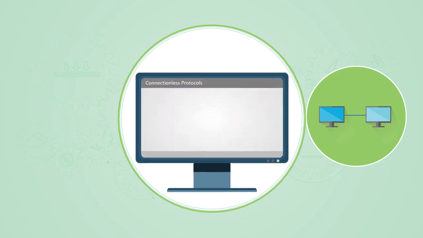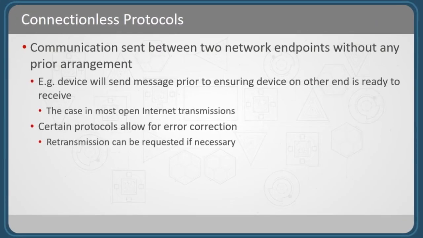If we look at the connection-less protocols, we see communication sent between the two network endpoints without any prior arrangement. That is the distinction between the connection-less and the connection-oriented. If we quickly go back to the connection-oriented, there is a negotiation. There are some rules that are set up and defined. One system will say, I have data to transmit.